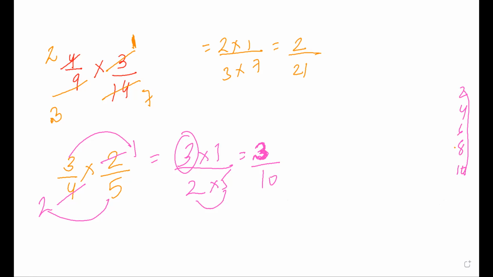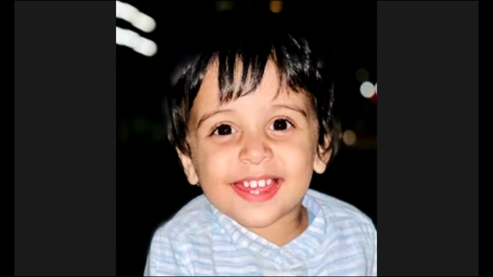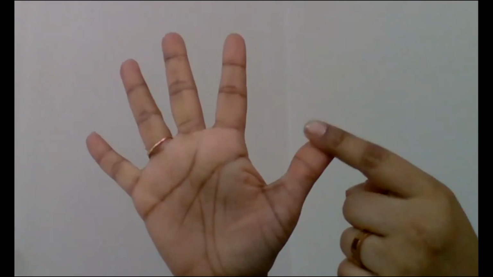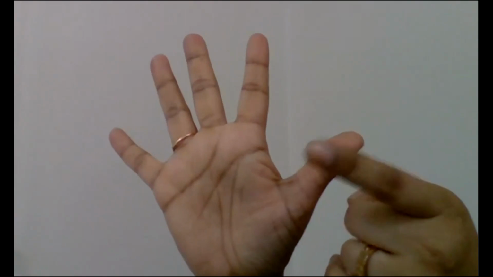Guys, look at my fingers. I will stop sharing and look at my fingers. Juri, 2 times 5. Open 5 fingers. 1, 2. Why am I counting 2? Because it is 2 times. And 5. 1, 2, 3, 4, 5, 6, 7, 8, 9, 10.